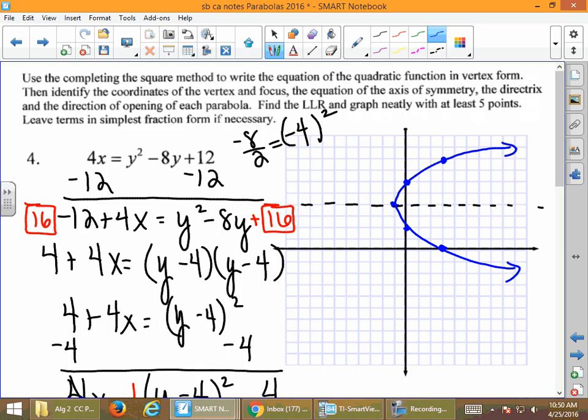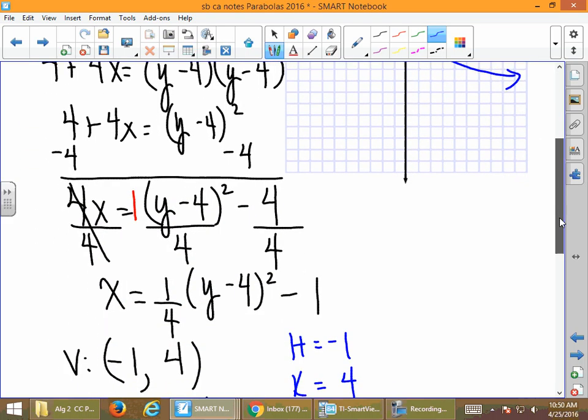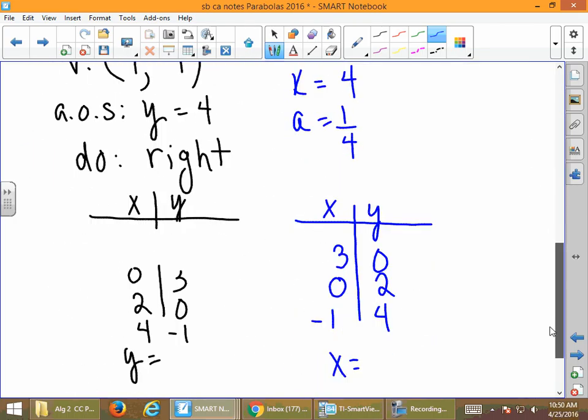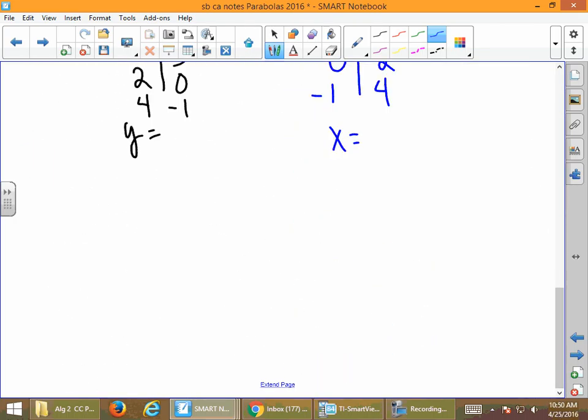Then finally we can finish by finding our focus, our directrix, our LLR. And our focus is h plus 1 over 4 times a, k.